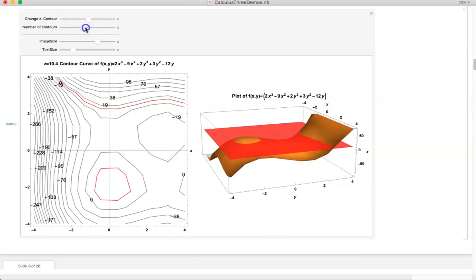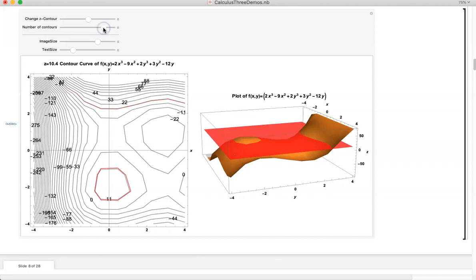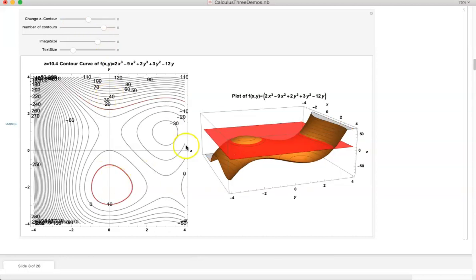If you change the number of contours, we can see something that looks like two mountaintops, except one of them is a little valley. And then you can see right here, these 2 points, this is what a typical saddle looks like. It looks like this kind of X shape, and we've got 2 X shapes.